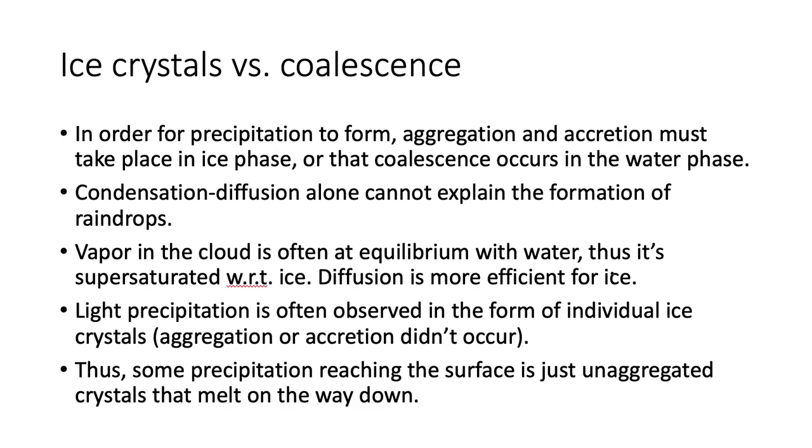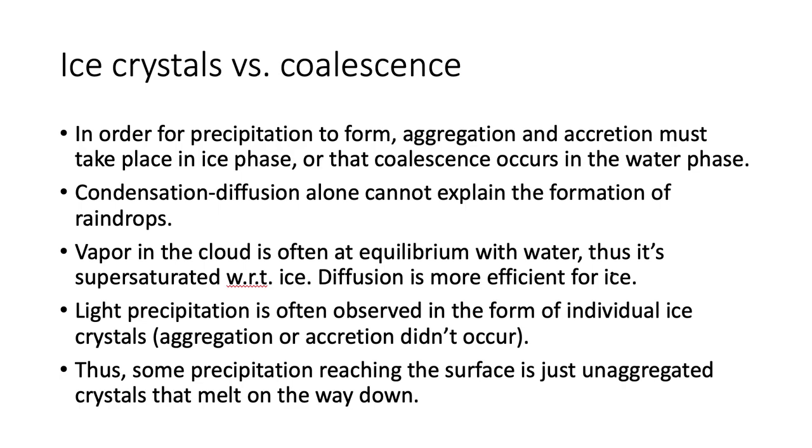Now, as we said, aggregation and accretion often take place in the ice form, and they can cause the formation of large hydrometeors that, when they fall, can be snowflakes, or they can be liquid water drops.